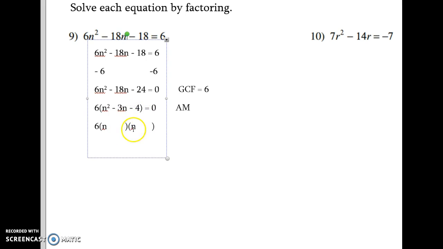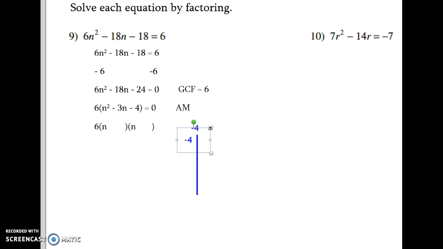So we're going to need to determine the numbers to put inside of these parentheses, and we'll take the -4 out here, and we'll make a t-chart of all the numbers that multiply together to give us -4. Well, in this case, we're going to have to keep track of our positives and negatives. So the first one could be -4 and +1. It could also be -1 and +4.